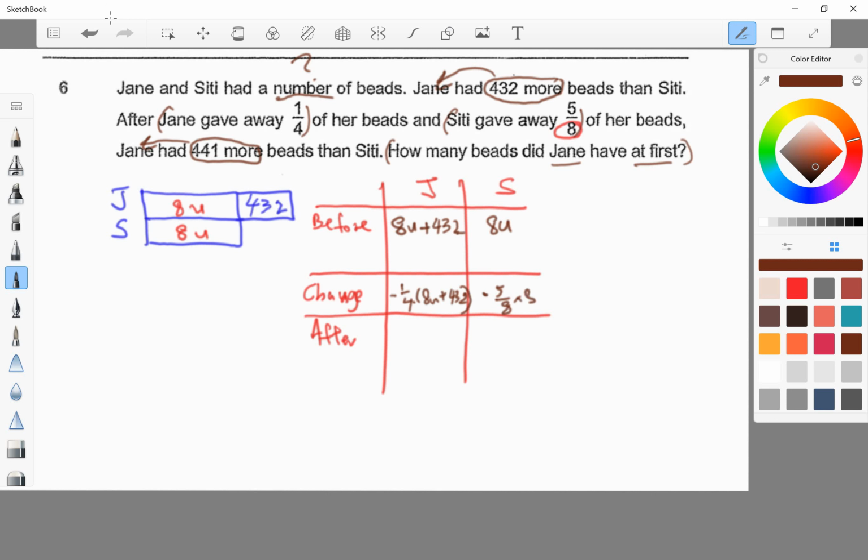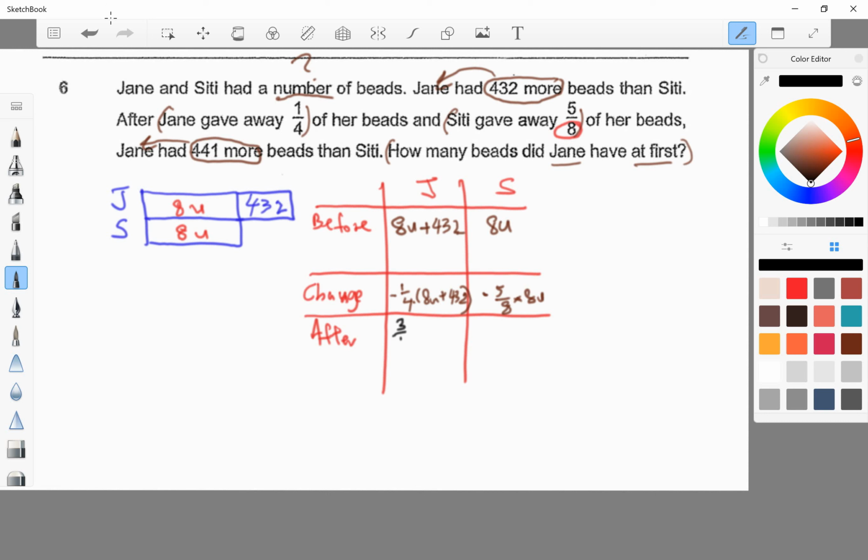So at this juncture, we do not need to really care about the bits that were given away. Instead, what we need to focus on will be the bits that's left. Alright? So if Jane gave away 1/4 of her bits, Jane will have 3/4 of her bits left.